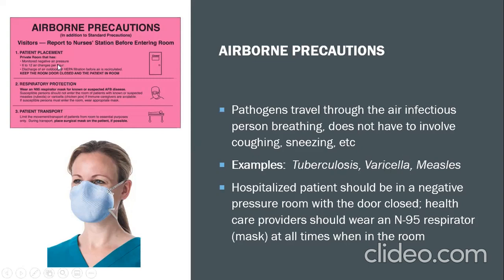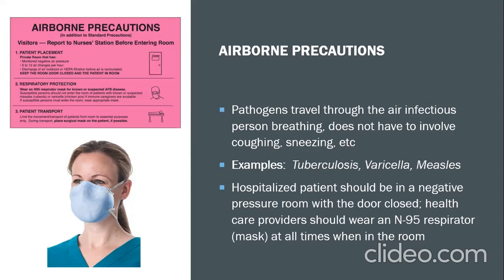The other thing I want to tell you about is varicella. Varicella could be chickenpox or it could be shingles. Varicella is airborne precautions while the patient has open lesions. So when someone has shingles or chickenpox, they should be placed on both contact and airborne precautions.